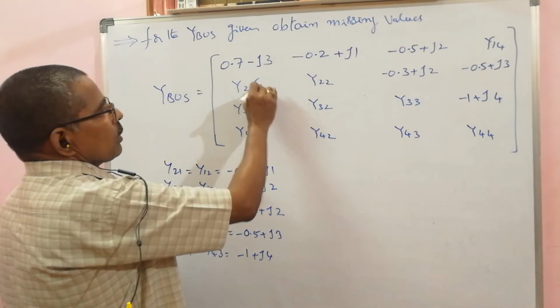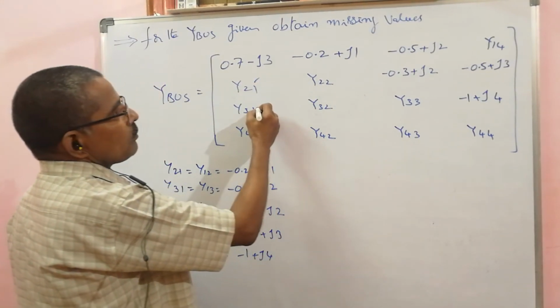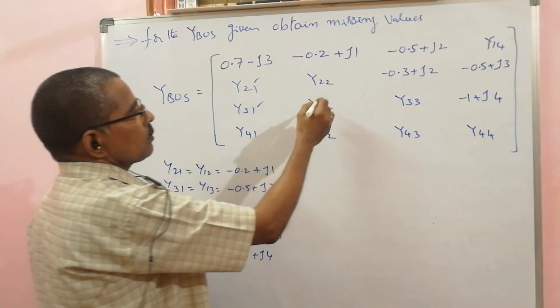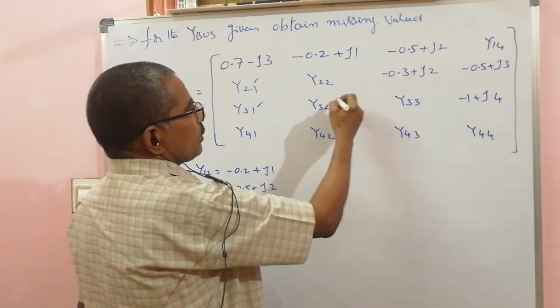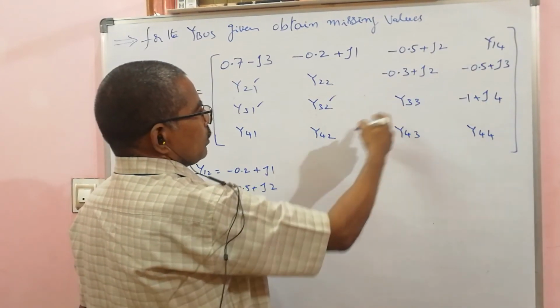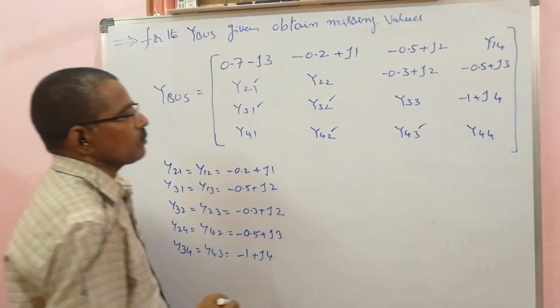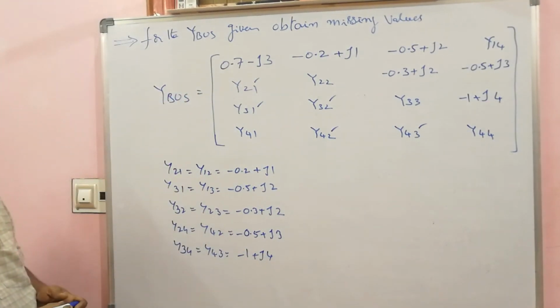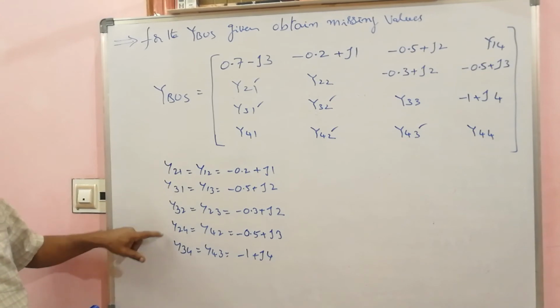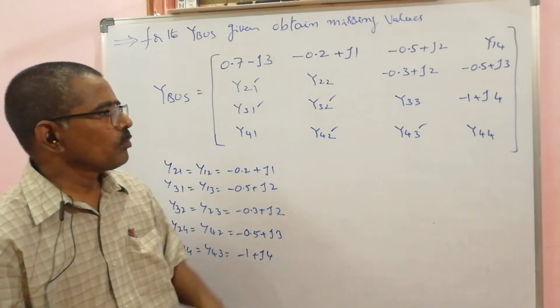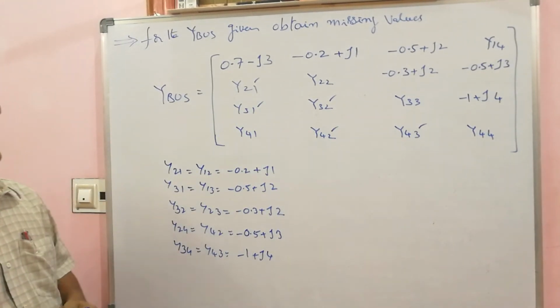So this is over, this is over. Likewise this one is over, and then this is over, this is over. Okay, 5 values are over. What about remaining?